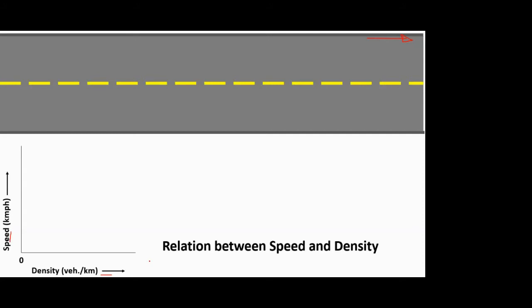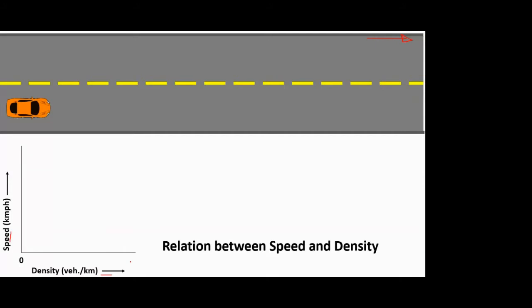Initially there will be just a road. Suppose we have started the video somewhere late around 1 AM or so. At that time the road is empty, there is no vehicle on it. If a single vehicle enters that road, it can travel at whatever speed it desires.